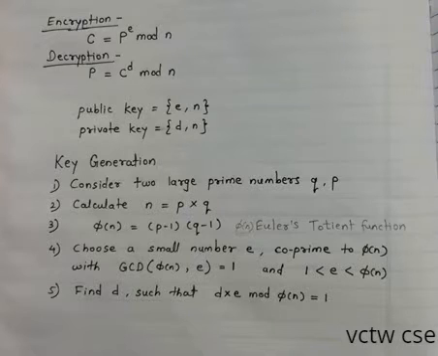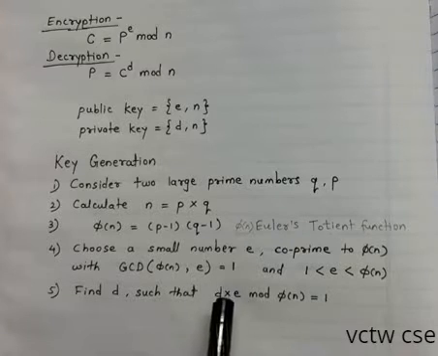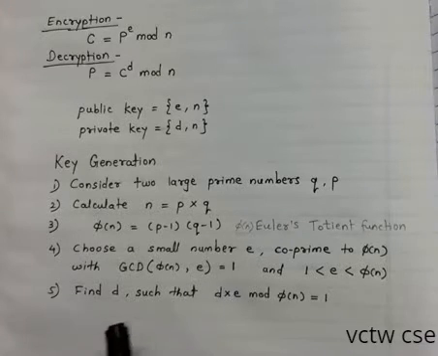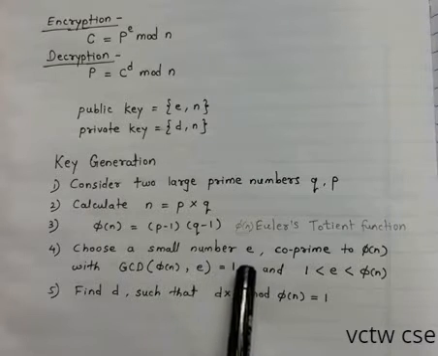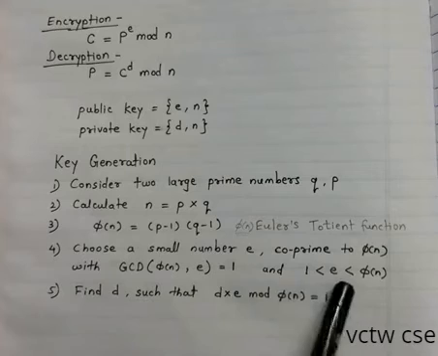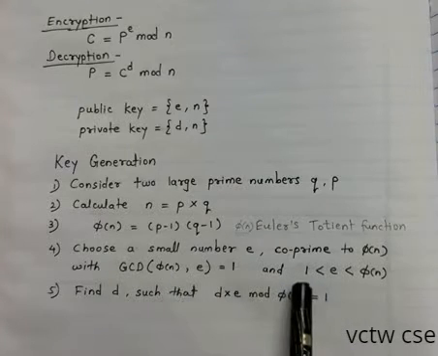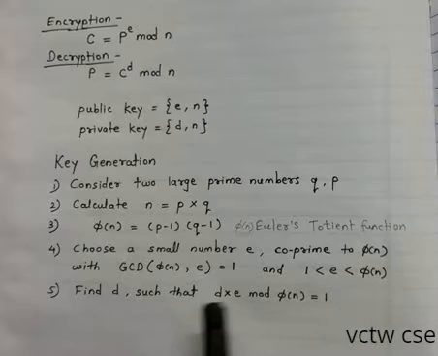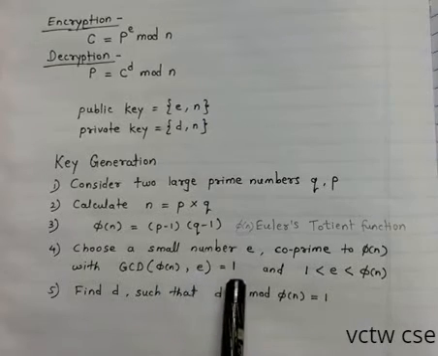It is also called GCD of phi of N and E is equal to 1. So in this way we need to select public key E, which satisfies these two conditions. That is, E should be greater than 1 and less than phi of N, and GCD of phi of N and E is equal to 1.